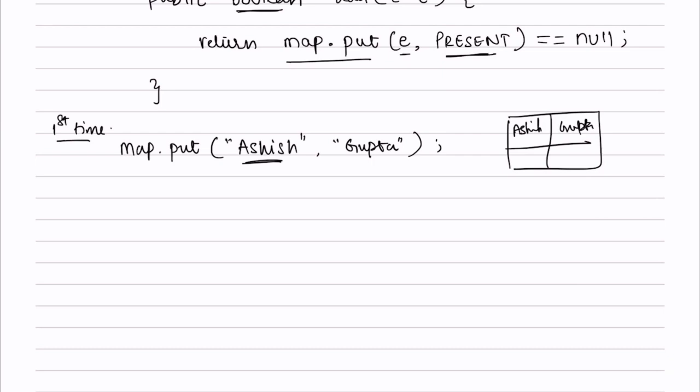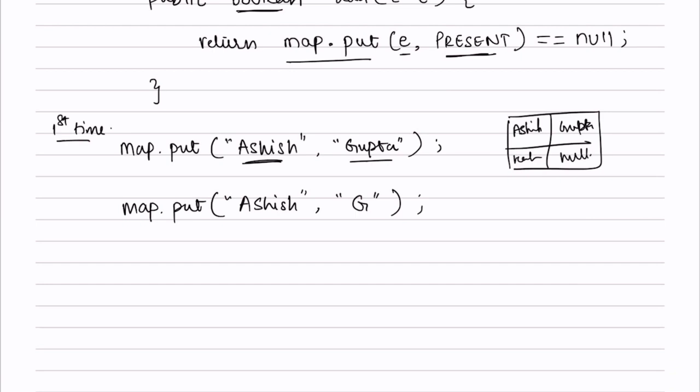So next time when you write map.put("Ashish", "G"), let's suppose only G, the initial of my name, what it will do is check that Ashish is already present.